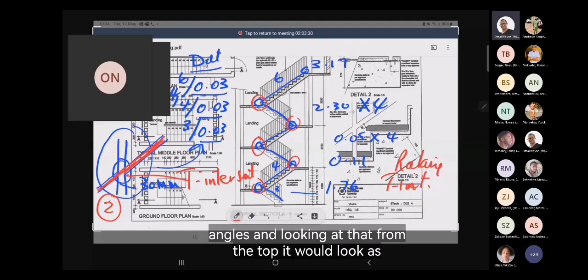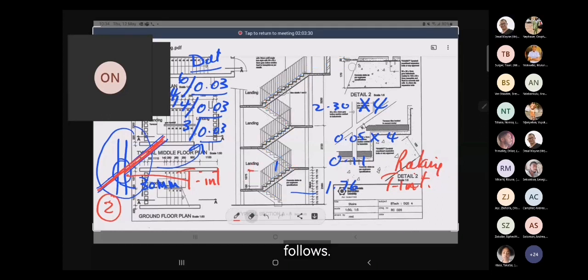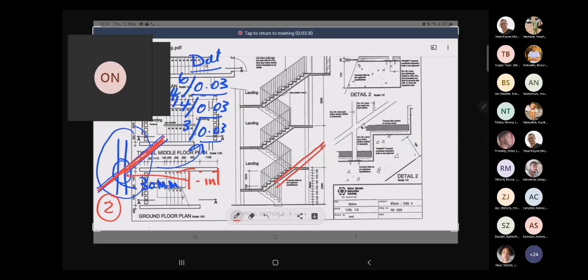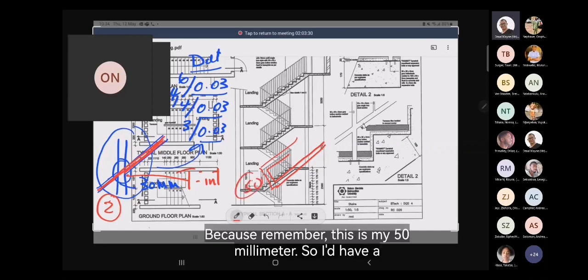Looking at that from the top, because remember this is my 50 millimeter, I'd have a mitered angle there.